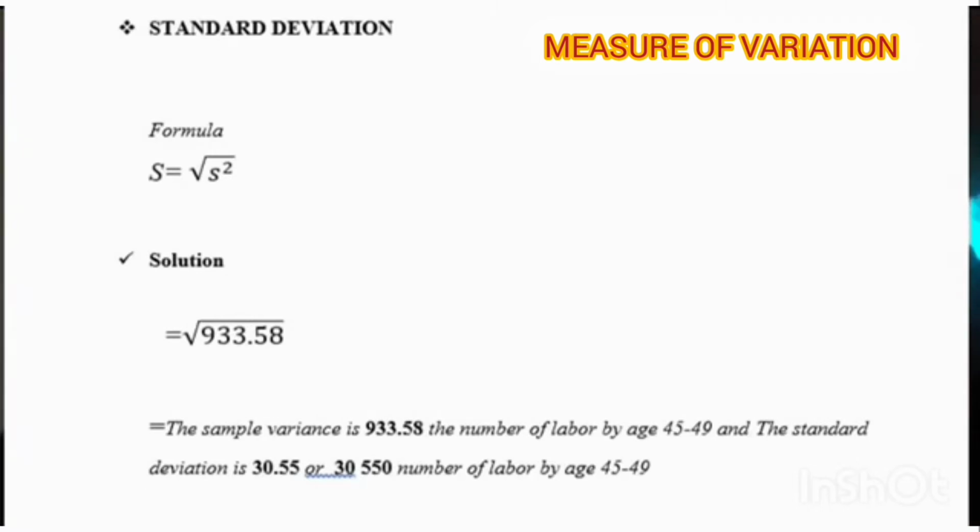The number 933.58 you can get from the variance. That's all from me. Thank you. Let's go to the other part.